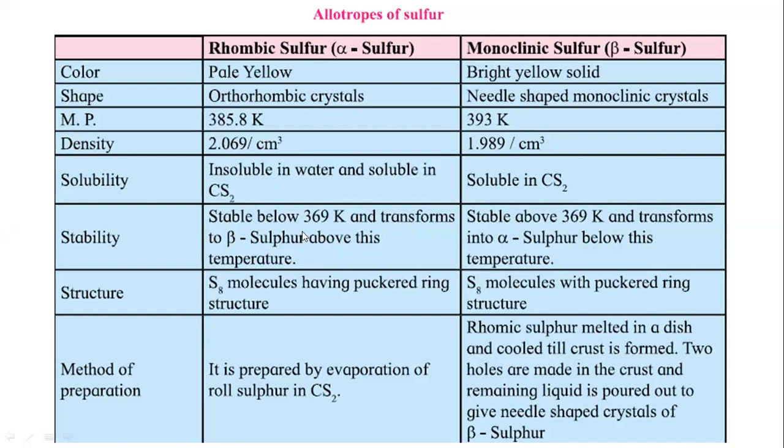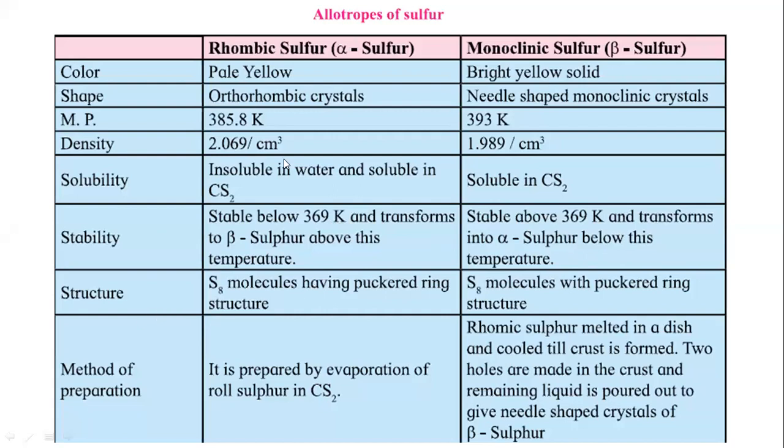If the temperature is more than 369, alpha sulfur is converted into beta sulfur. Beta sulfur is stable above 369 Kelvin, and it is converted into alpha sulfur below this temperature. So this is the stability.